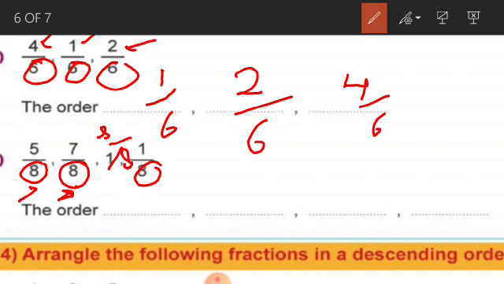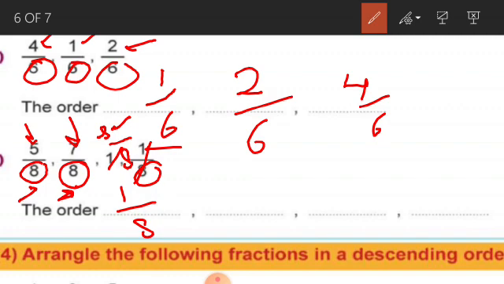Now I want to order these fractions in ascending order from the smallest. Where is the smallest one here? It's clear. Why? I look at the numerators: 5, 7, 8, 1. The smallest one is 1 over 8. So far so good. The next one, I finished the 1. I have 5, 7, 8.